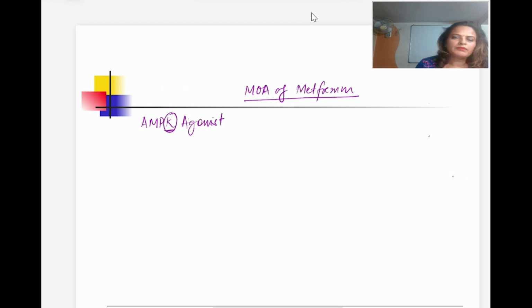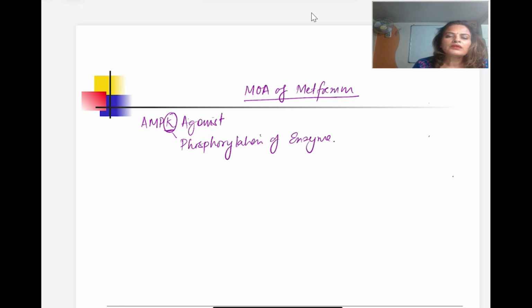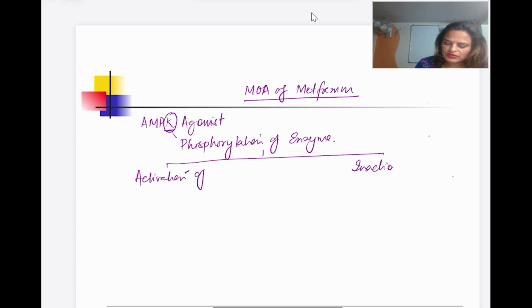Wherever this word kinase comes, that means we are talking about the phosphorylation of an enzyme. Now with the phosphorylation, what is it going to do? Phosphorylation causes the activation of certain enzymes and inactivation of certain other enzymes.